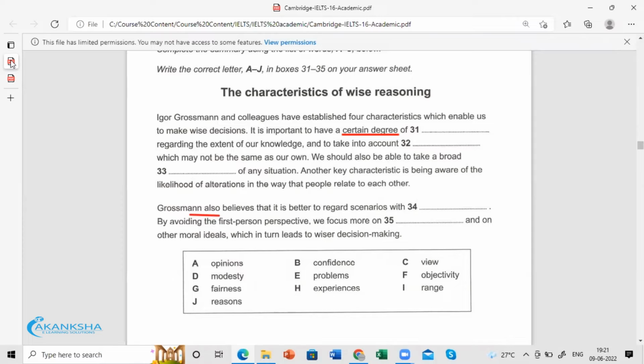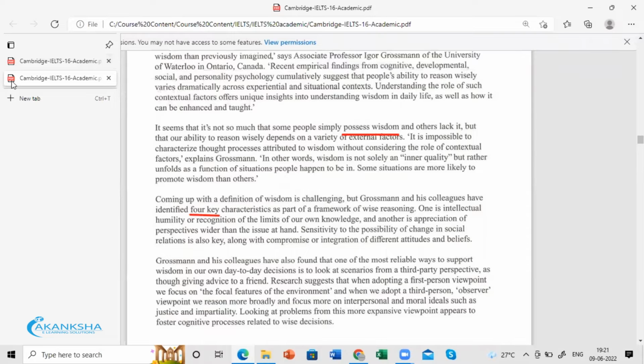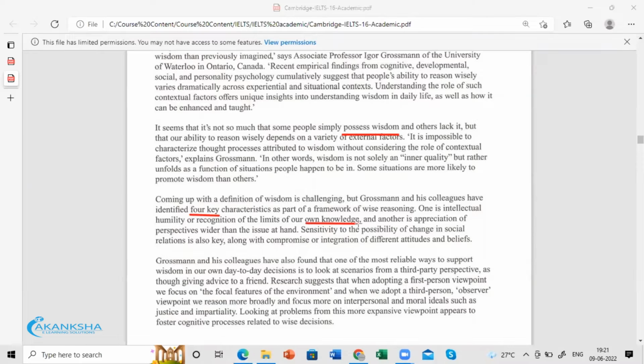So it is important to have a certain degree of dash regarding the extent of our knowledge. See, the word knowledge is also here. So you can see all the words that are there in the question also. So in this line itself, you will have that one word which we need for our answer.